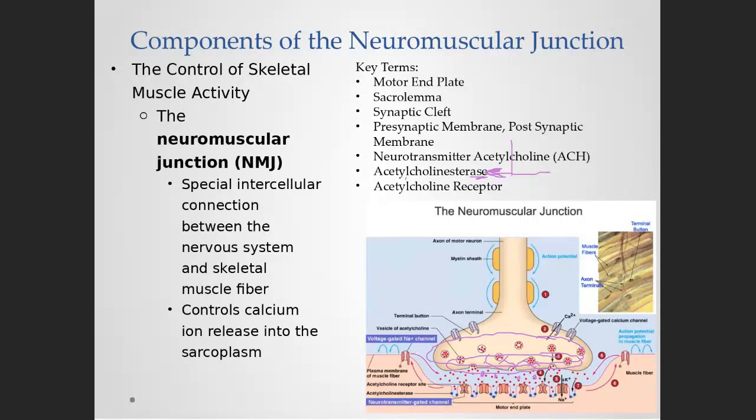So the key regulator is acetylcholinesterase. If I was to give myself a drug that broke apart or destroyed or blocked acetylcholinesterase, I would expect my muscles to be more twitchy because more acetylcholine would stay in the synapse, causing the muscle to stay in a state of excitement longer.